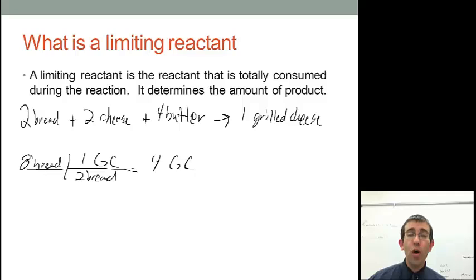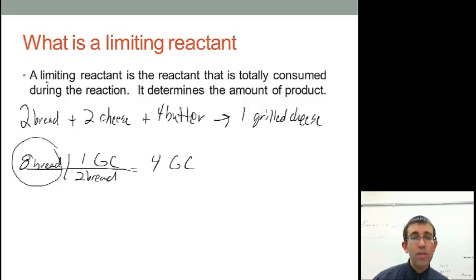Well, if I use all 8 pieces of bread, how many pieces of bread do I have left? None. I have a ton of cheese and butter maybe left over, and so my limiting reactant would be my bread. I've got lots of these, so that would be limiting how many grilled cheese sandwiches I can make. Based on the bread, I can only make 4 grilled cheese sandwiches.